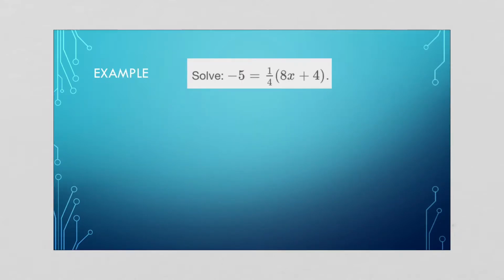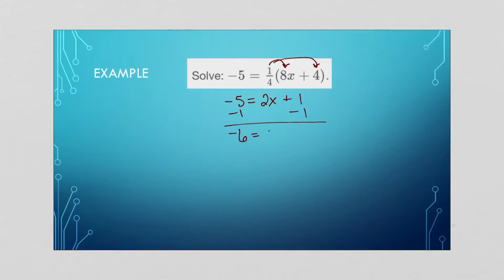All right, so on this problem right here, we need to get rid of that parenthesis. So we need to distribute 1/4 to everything inside the parenthesis. So I've got negative 5 on the left. 1/4 times 8x is 2x, and 1/4 times 4 is 1. So now I just subtract the 1.